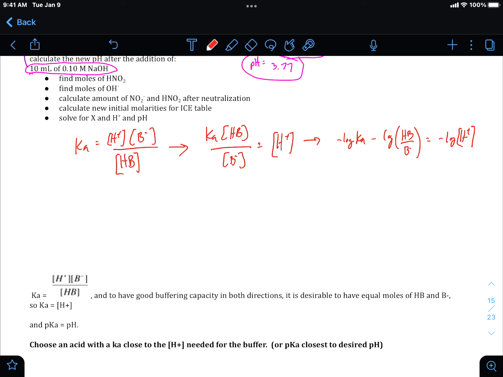The negative log of H plus is otherwise known as what? pH. So the negative log of Ka is known as pKa.